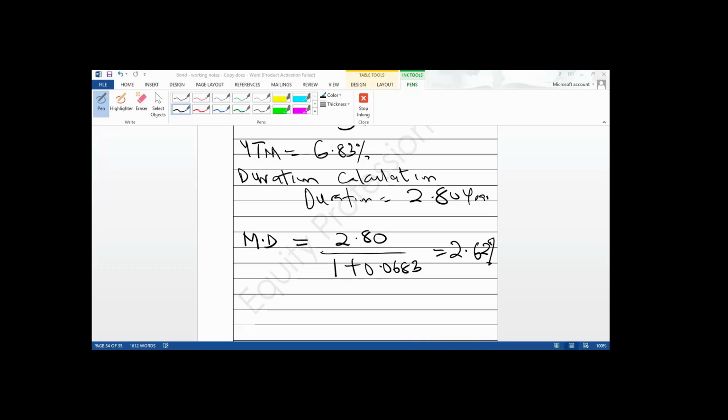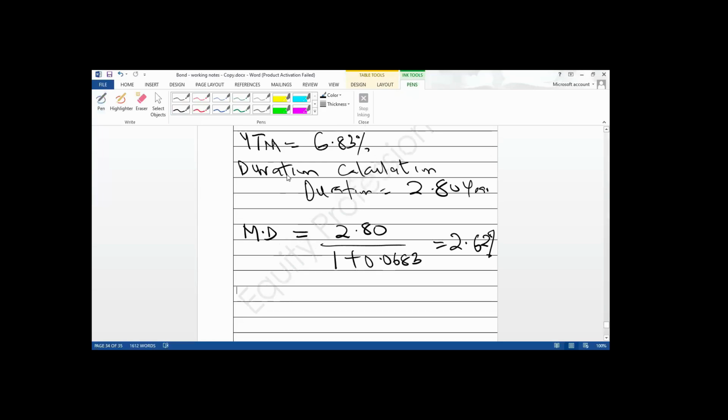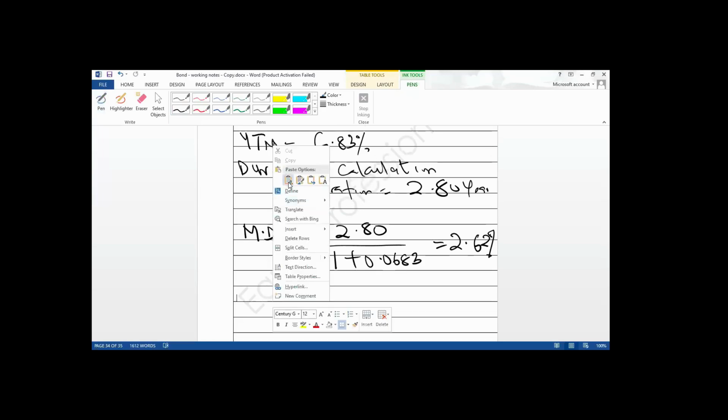Let me copy the interpretation. So when you get back, you can reconfirm the calculation of duration. Look at the interpretation. I'm trying to paste it.